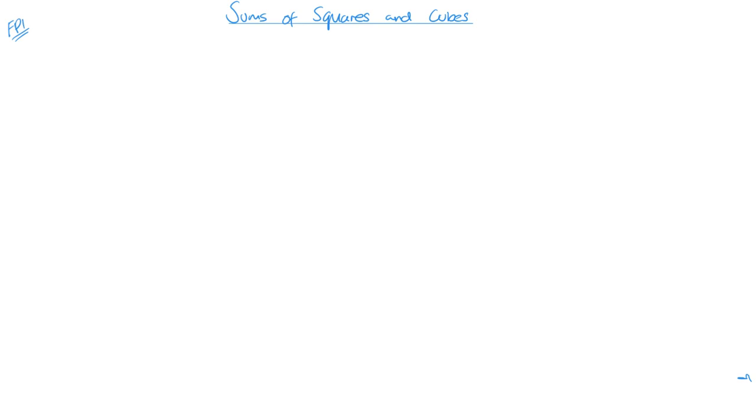However, when we get into the final chapter in this unit, we'll look at proof by induction, and these can be proved using mathematical induction. Okay, but we'll talk about that in a later video. So here are my formulae.